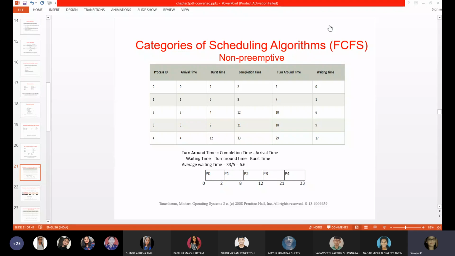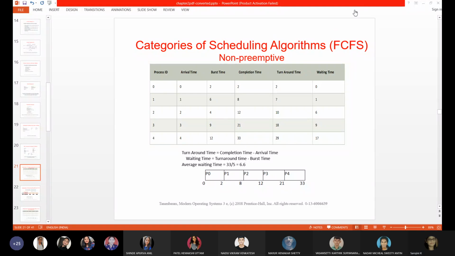There is a part of the operating system code called the scheduler. The scheduler will have all these algorithms, whatever we are discussing as scheduling algorithms. You should understand this first.